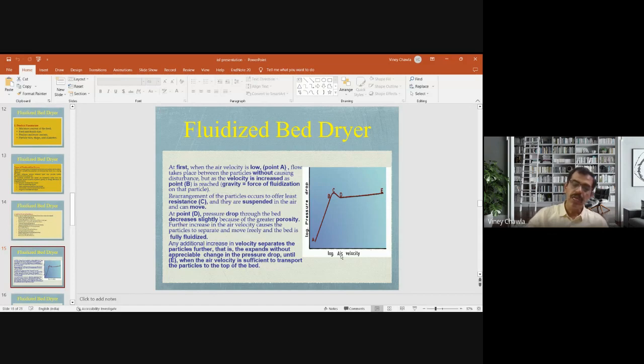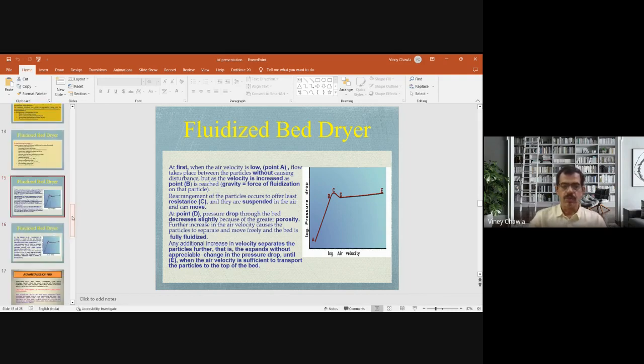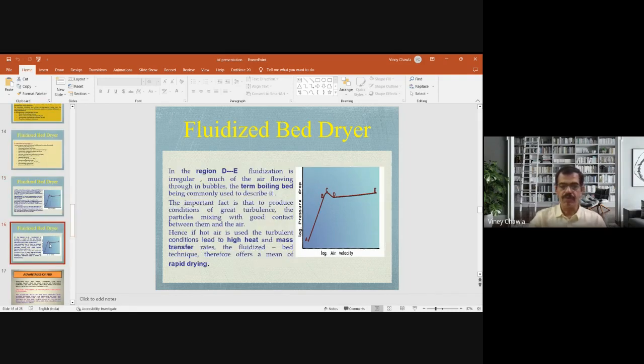And if we further increase the velocity, the particles will expand without appreciable change in pressure drop until we reach the point E. And at point E, the velocity is sufficient to transport the particles to the top of the feed.